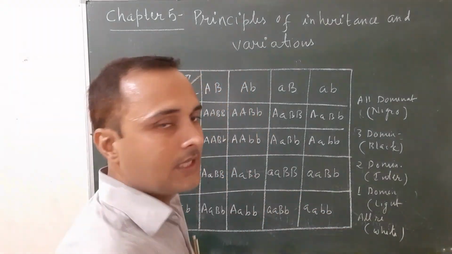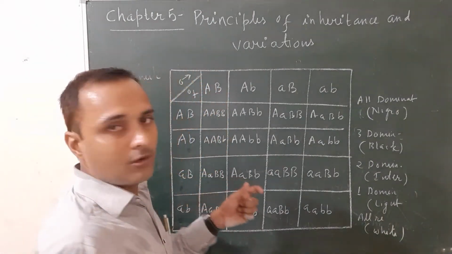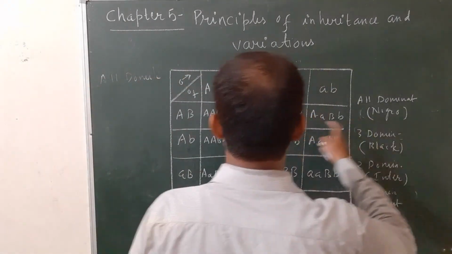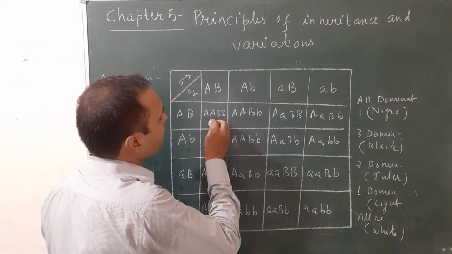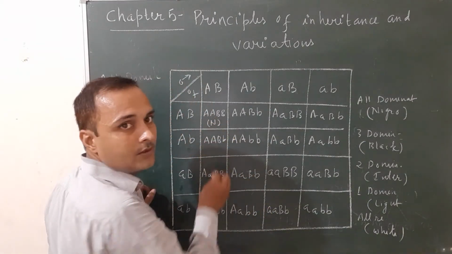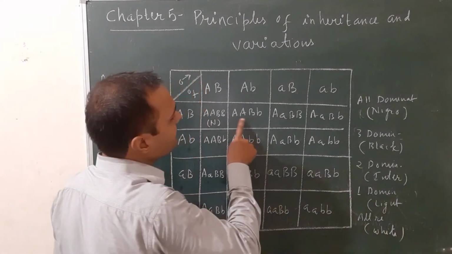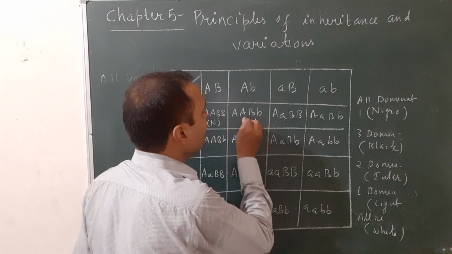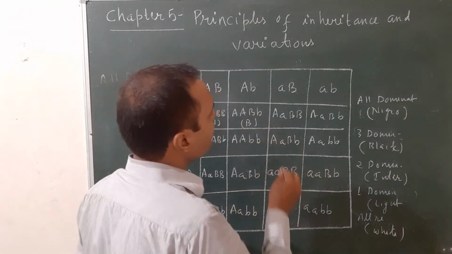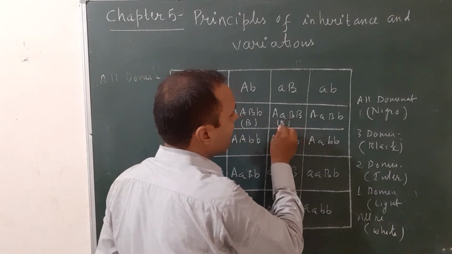So let us see the next one. You will find out of the 16 combinations, all capital, so it will be negro. Next, see here, three are dominant, it will be black. And in this case, three dominant again, it is black.